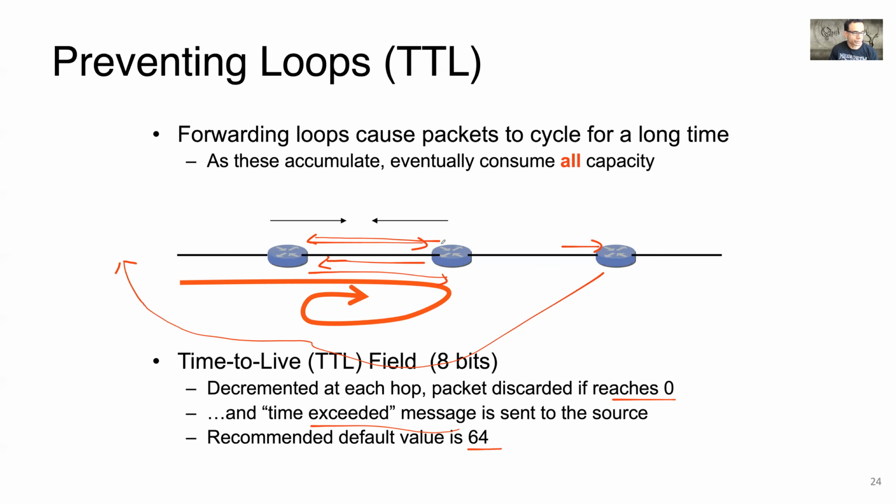Could a malicious user send lots of packets with very high TTL to deliberately consume network resources? Yeah, fair enough. That's a good point, Daniel. You could, though these days, most networks will also be running some sort of firewalls. They will be monitoring the load on the network. And if they detect that there's too much, let's say there's one user here and he's constantly putting out packets, right? Your ISP might do some metering.